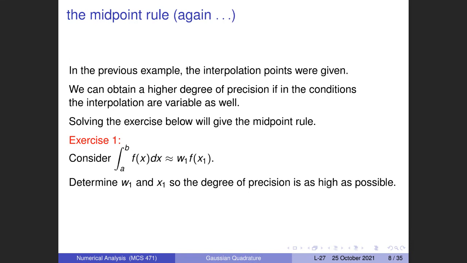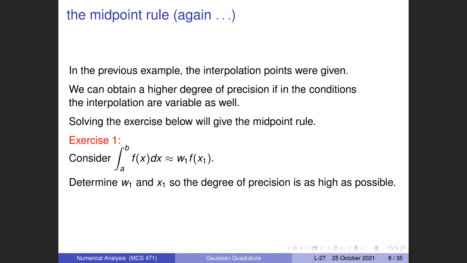All right, the midpoint rule again. The midpoint rule is a rule where we started with, and this is an exercise that you solved already 2 lectures ago. But here we solve it again, pretending that we don't know the midpoint rule.